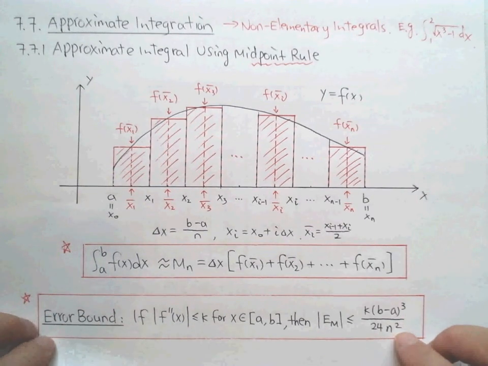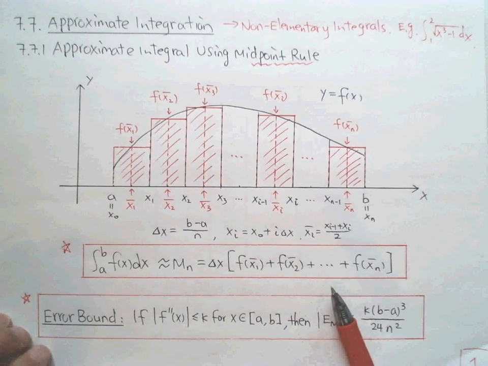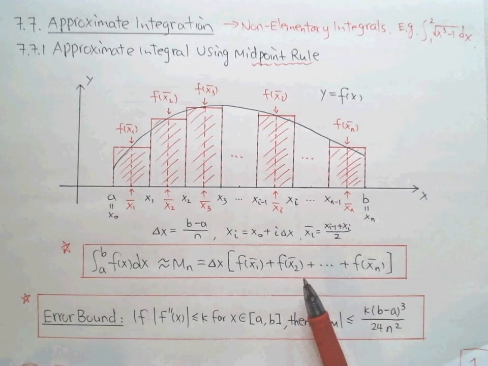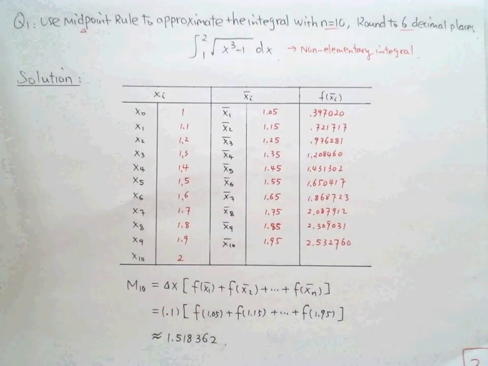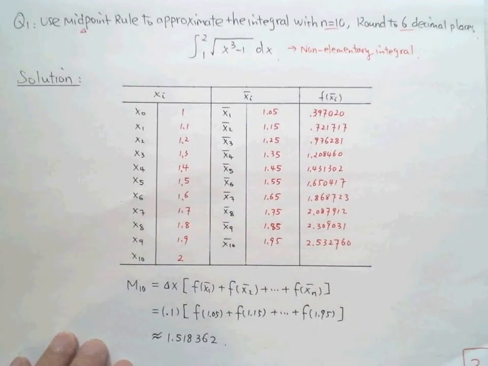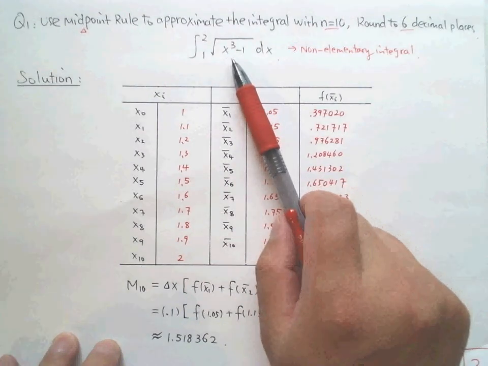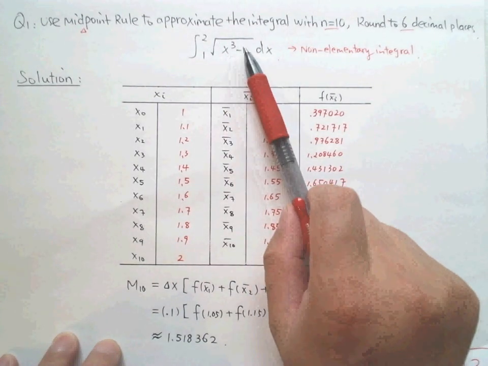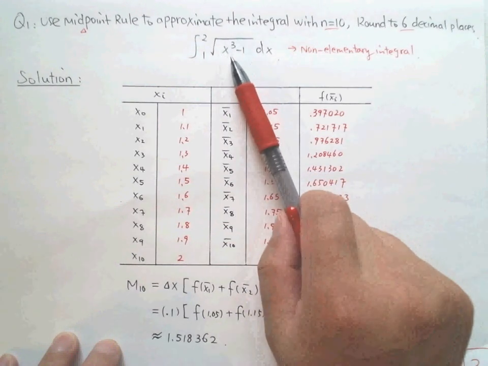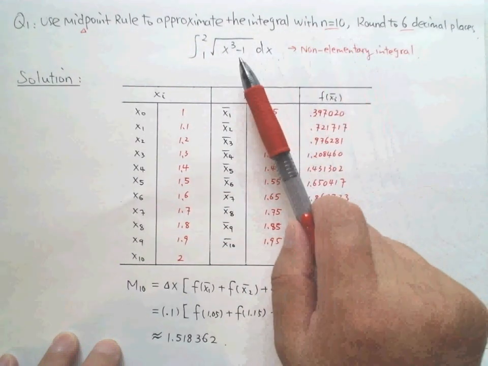So now let's look at one example of how to do the approximation, using this formula. Here is one example. We approximate the definite integral. However, this function, we already learned, is non-elementary, from the last topic.